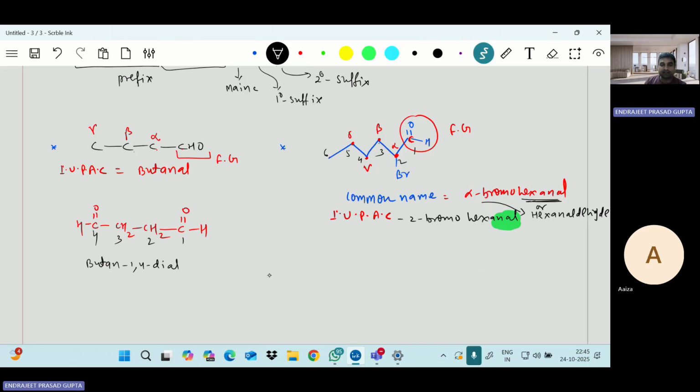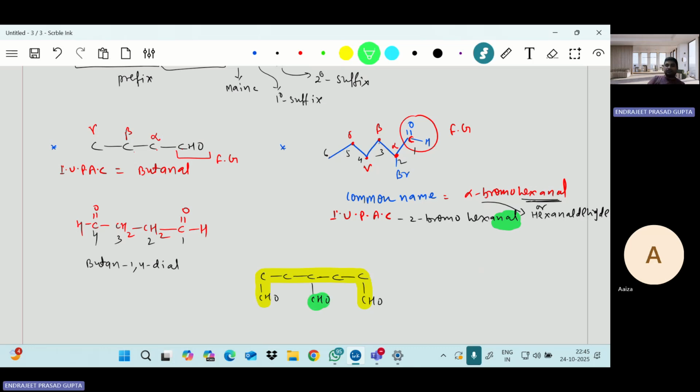But if I am writing here 1, 2, 3, 4, 5 carbon, and here I am writing aldehyde CHO, here also I am writing CHO. If you are numbering the carbon chain from this end to this end, this aldehyde will be left, which is not possible.